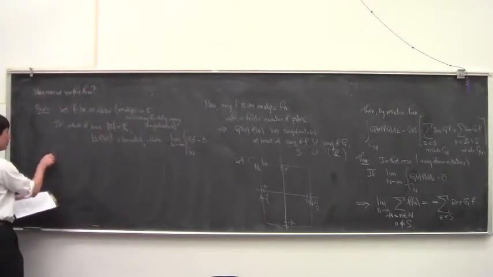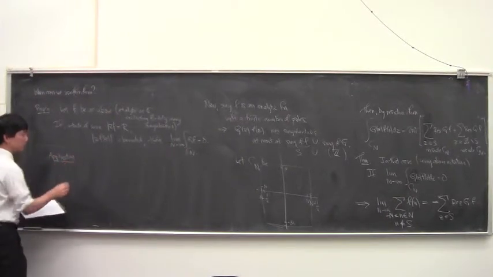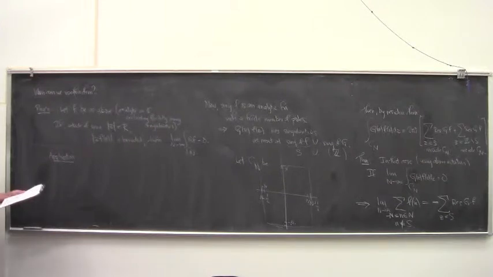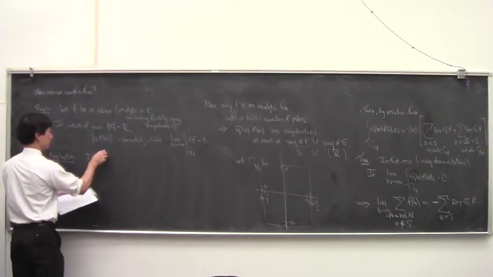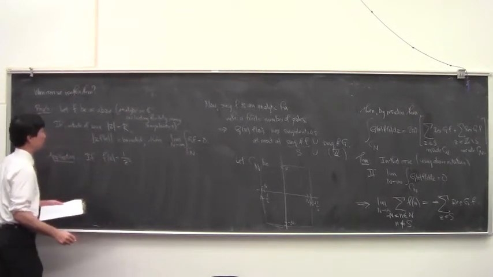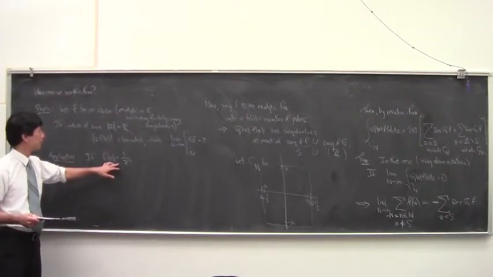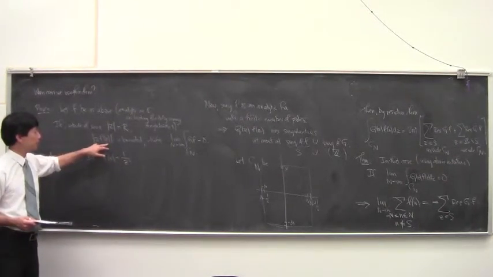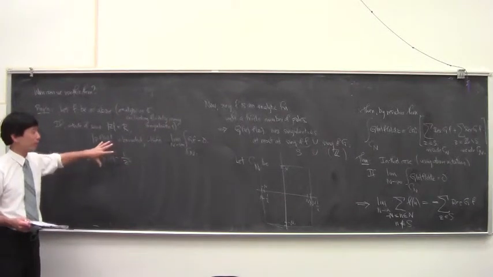But before we do, let's get the application. If we let f of z be 1 over z squared, then z times f of z is 1 over z, which is bounded outside of any circle.